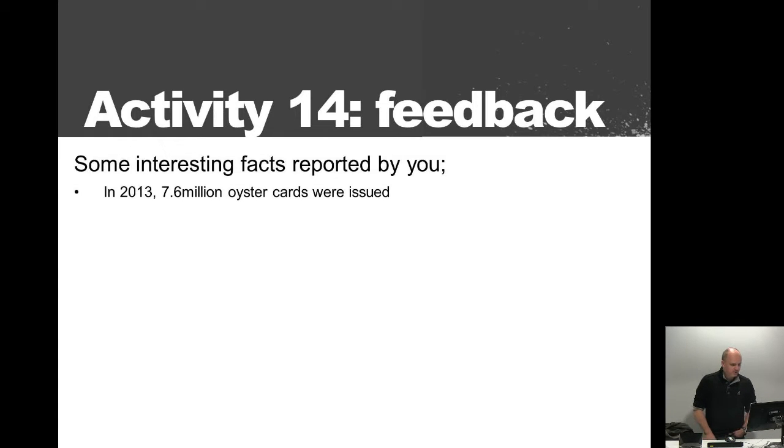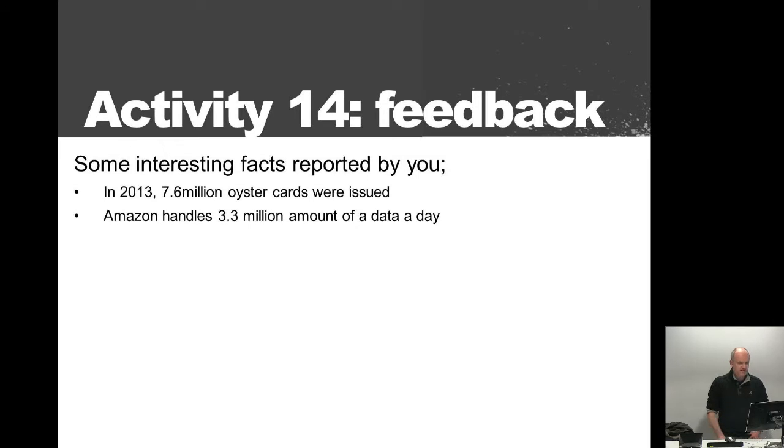So now we know that 7.6 million Oyster cards were issued in 2013. If I remember well, the population of Greater London is 6 million. It's 8 million, okay. So it's roughly one Oyster card per person, which is what you would expect, more or less. Statistics about Amazon seem to be quite busy.